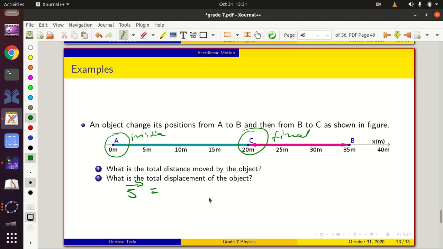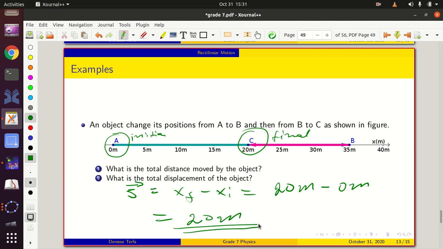Therefore, we subtract the initial position from the final position. x final minus x initial is the displacement, which is 20 meter minus 0 meter, equal to 20 meter. That is the displacement of the object.